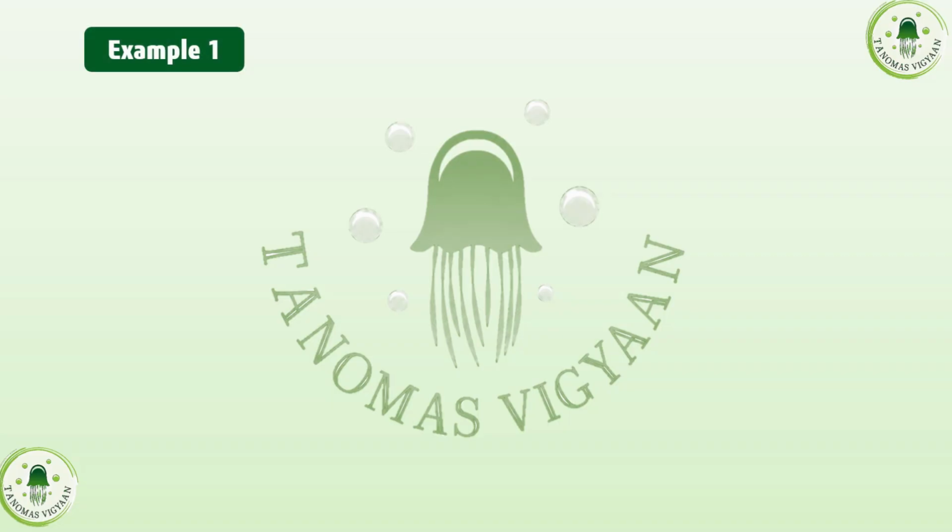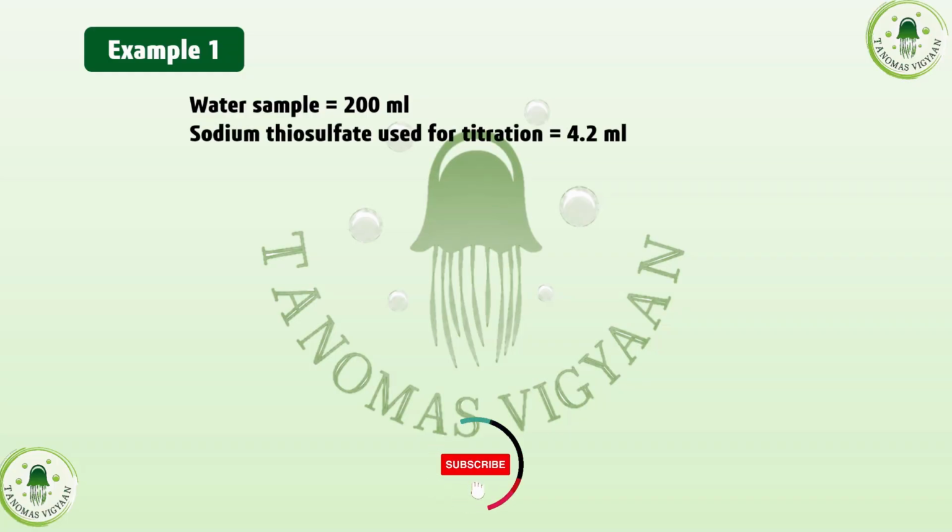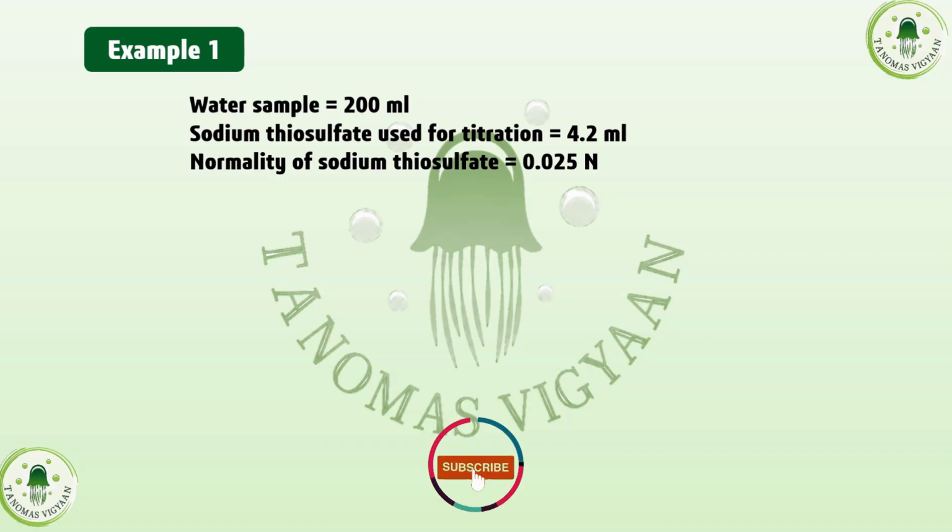Now let us look at one example. Let's suppose we have taken a water sample of about 200 ml. The sodium thiosulfate used for the titration till the color change was found to be 4.2 ml. The normality of the sodium thiosulfate which we use for dissolved oxygen is 0.025 normal.